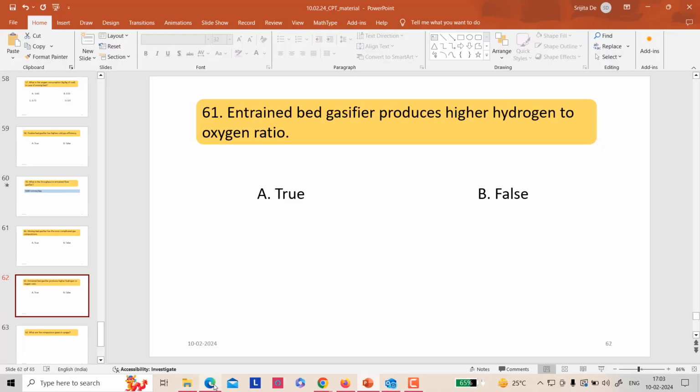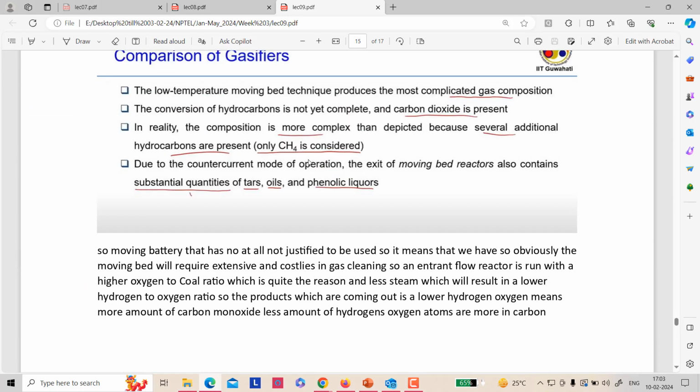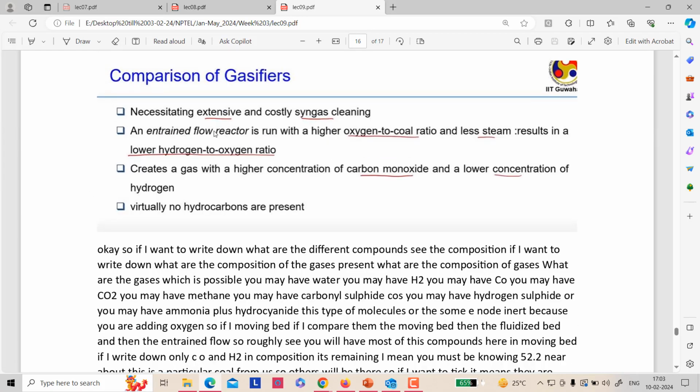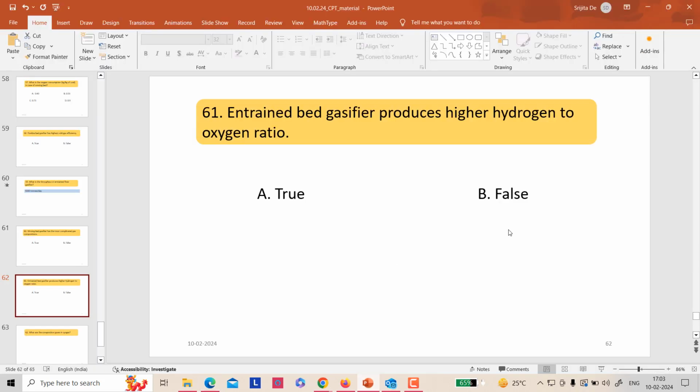Here it is written that the entrained flow reactor is run with a higher oxygen to coal ratio and less steam, which results in a lower hydrogen to oxygen ratio. That means in entrained flow, lower hydrogen is produced than carbon monoxide. More carbon monoxide is produced than hydrogen. That is why this ratio will be less.